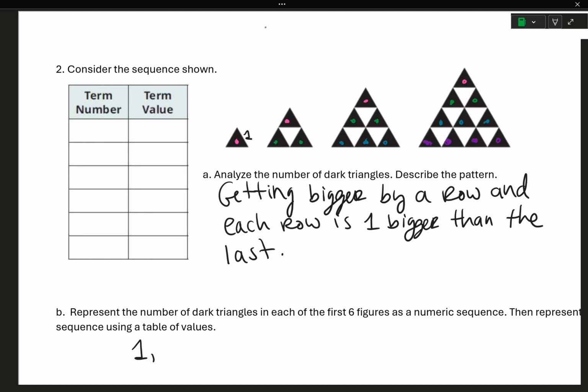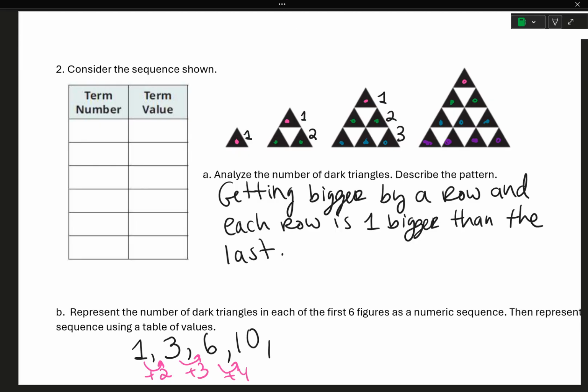The second image has a row of 1 and 2. 1 plus 2 is 3 triangles. We added a row of 2. Then we have a row of 1, 2, 3. We added a row of 3. So that means we have 6 triangles. Then we added a row of 4, which means we had 10 triangles.